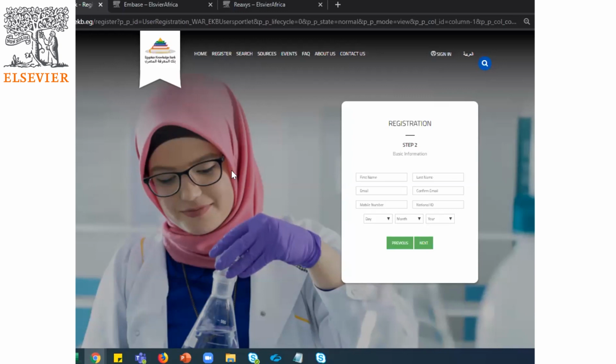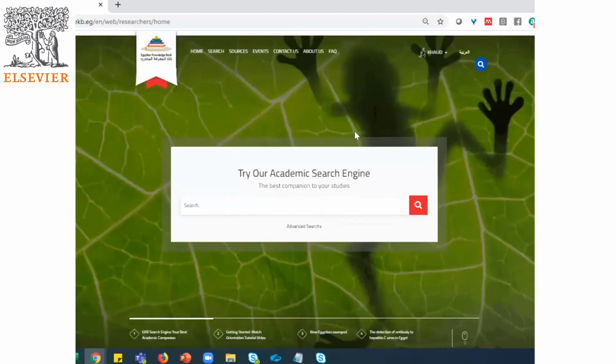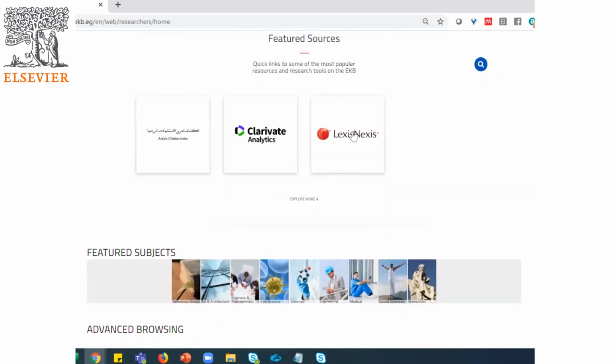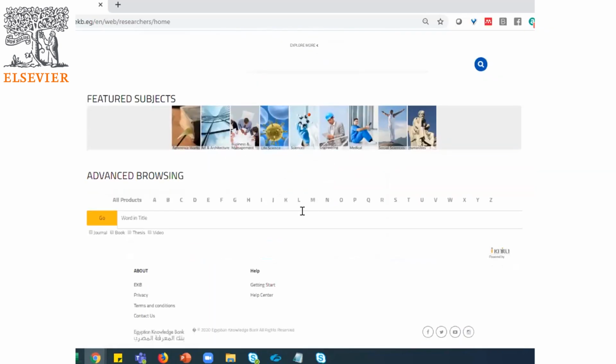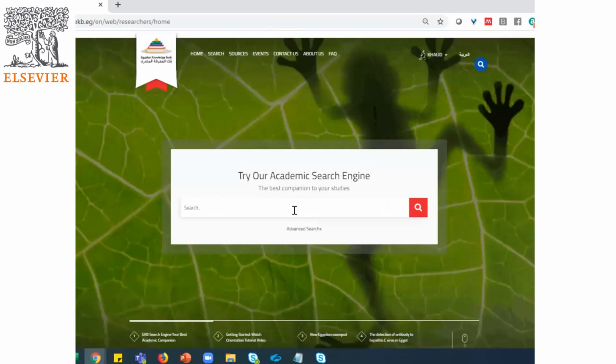So once you are signed in, this is how EKB would look like signed in, and I'm signed into a researcher account. And you can see that should be the landing page. The academic search engine that you see online takes your search query and runs it against all databases and resources available by EKB.